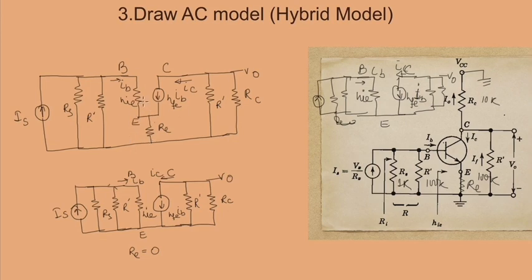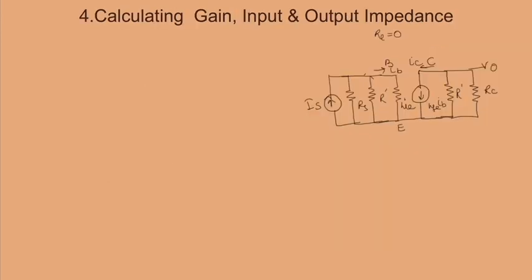So I have drawn two hybrid circuits, one with Re and one without Re. Now we have to do the calculations for gain, input and output impedances. We'll consider the first case. In the first case, we have Re equal to 0 and the hybrid model is as shown here. Now we are sampling voltage from the output side and we have a current source at the input side.